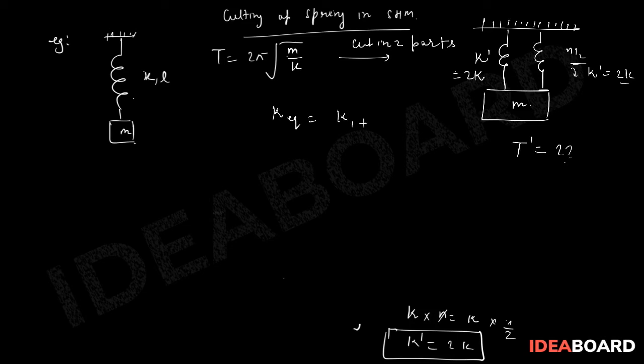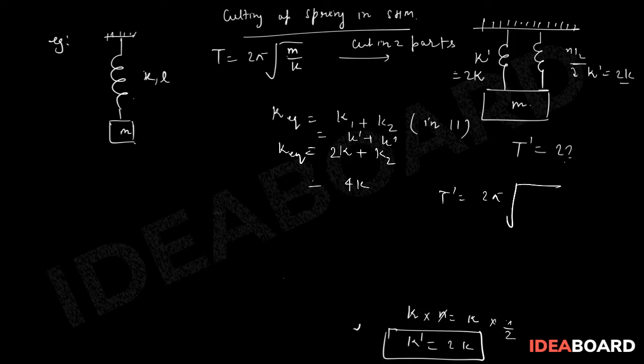So now we can find out the value of K equivalent. So these are in parallel, so K equivalent will be K1 plus K2 in parallel combination, right? So this K equivalent for this combination will be 2K plus 2K, because this will be K dash plus K dash, and K dash is equal to 2K, which is 4K. That means T dash is going to be 2 pi under root of m by K equivalent. So this T dash will be 2 pi under root of m by 4K. Perfect.